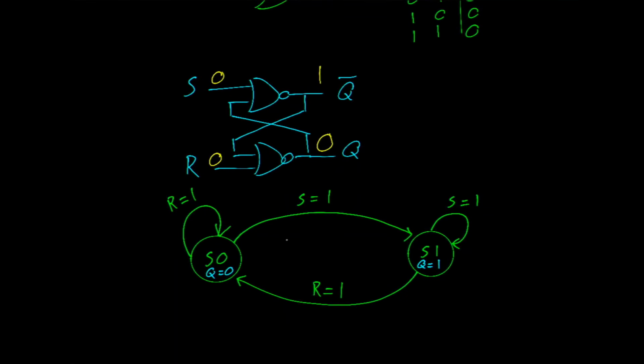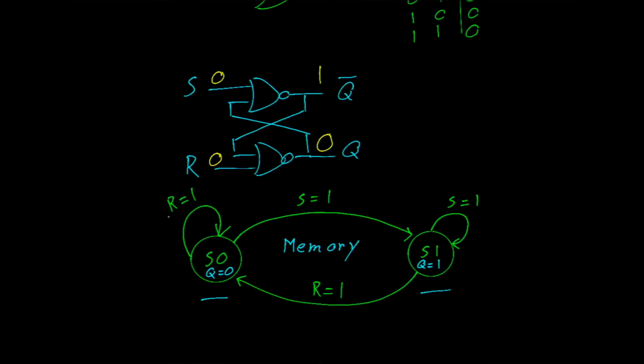This is a memory circuit. It has 2 states. The memory can hold a 0 or a 1. This memory will stay in that state, which is to say it will hold that bit until a very specific condition occurs.